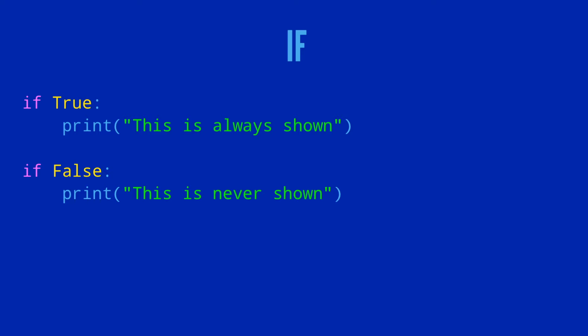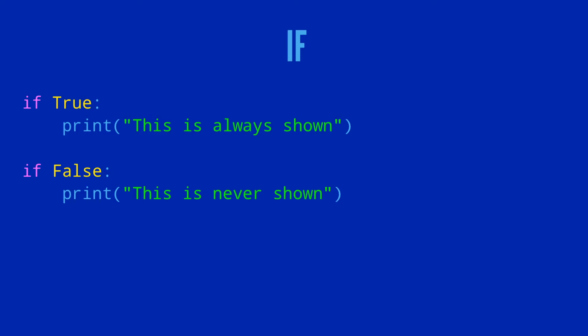If true, print "this is always shown", because that is true, that will always be shown. However, the second if example, because it says false, that line will never get printed out. We'll go through more examples just so we can get this set in your mind, but this is an important thing that you'll do over and over again while programming.